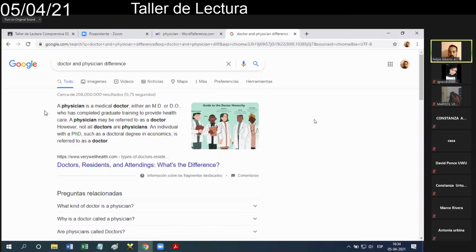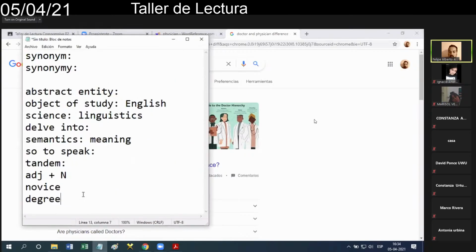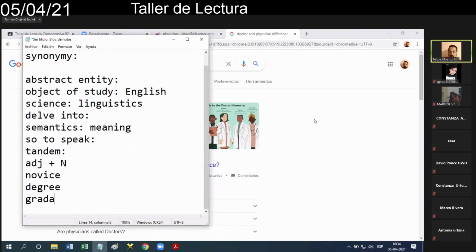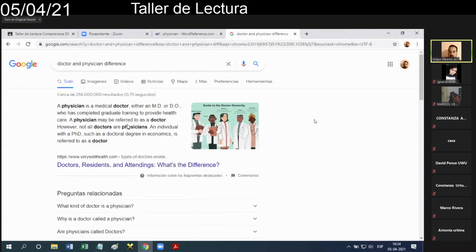A physician is a medical doctor that has the university degree. So he is completely graduated. That's the thing. A physician might be referred to as a doctor as well. So in some contexts, you can use them indistinctively.